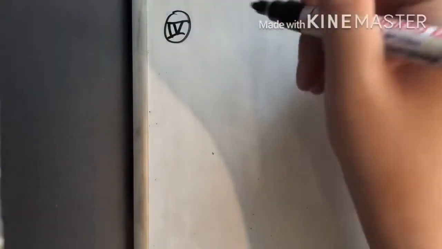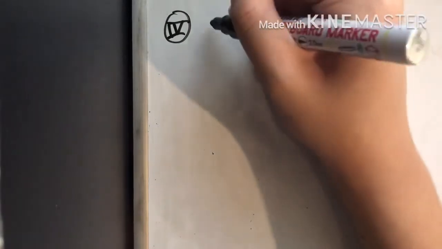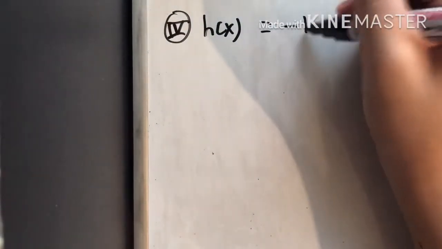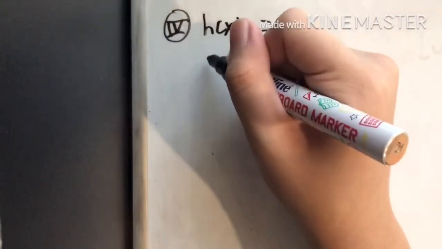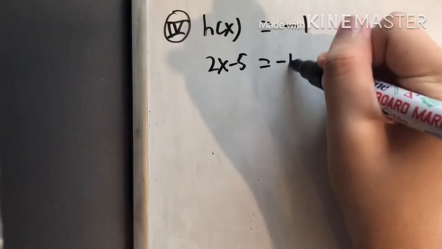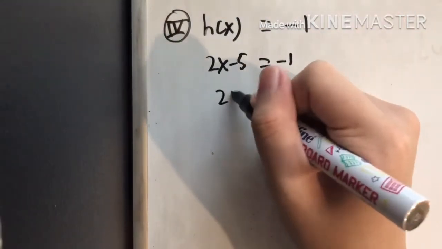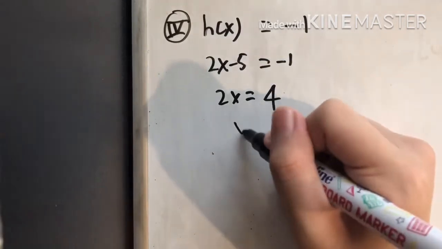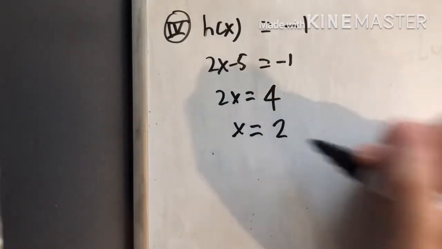And for the fourth condition, we can use h(x) is equal to negative 1. So 2x minus 5 equals to negative 1. 2x equals to positive 4, so x equals to 2.